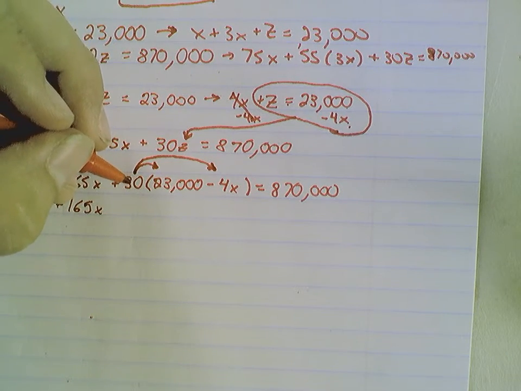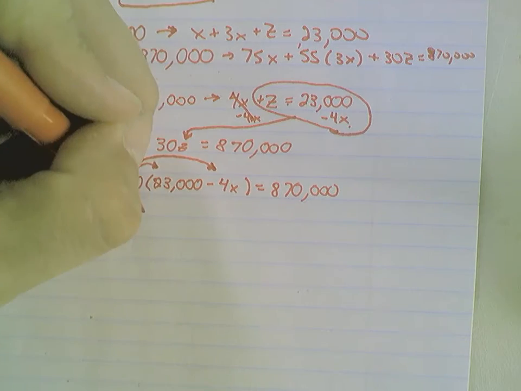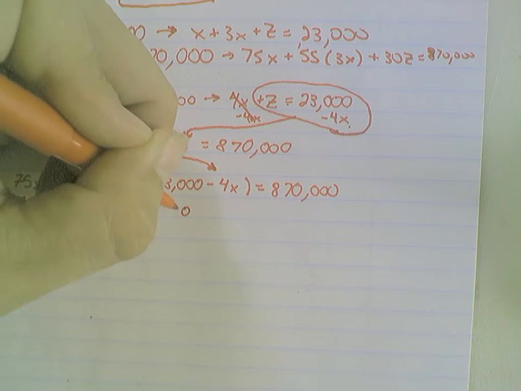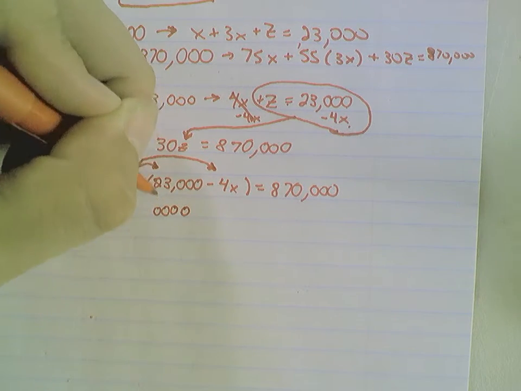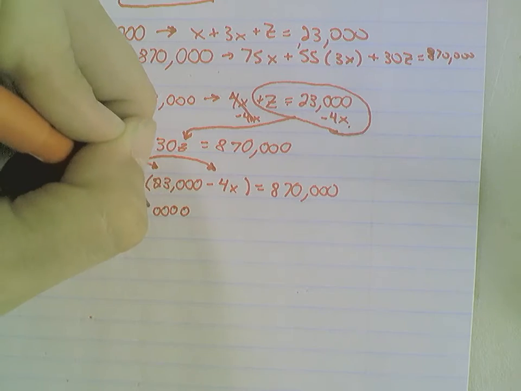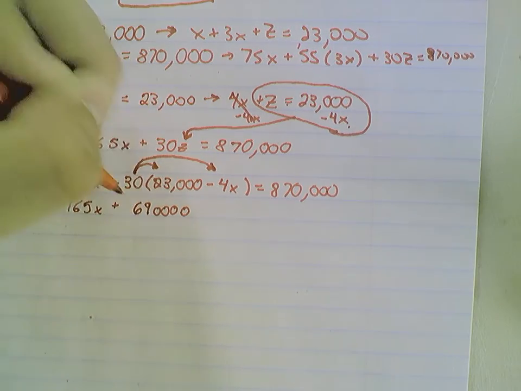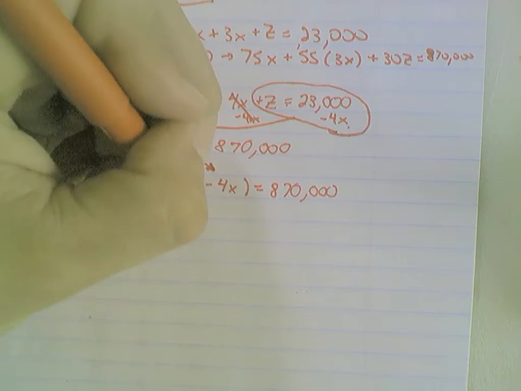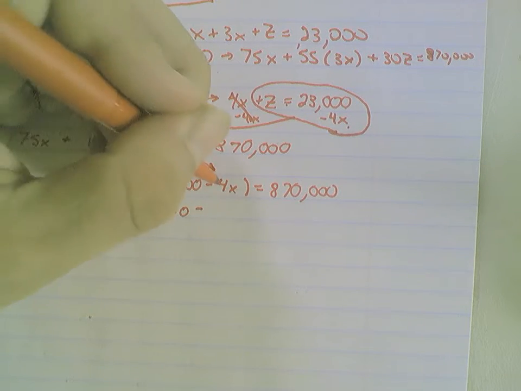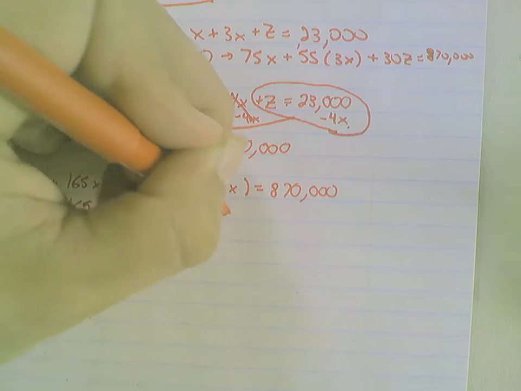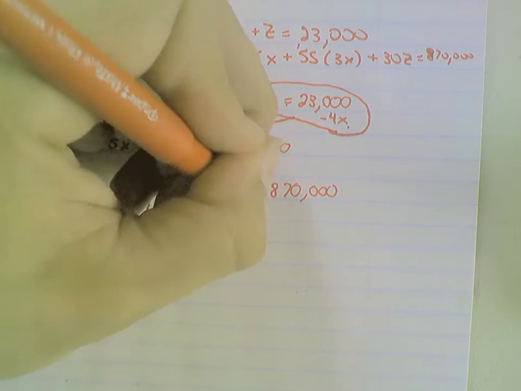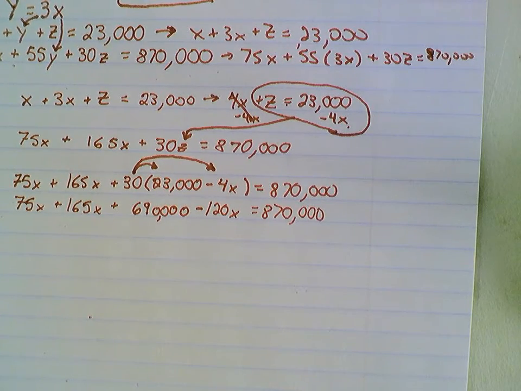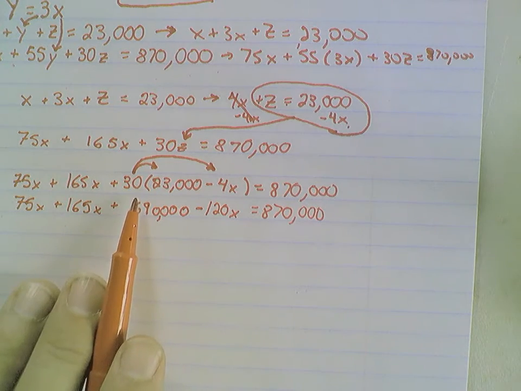So if I multiply this out, well, that's going to give me 690,000 minus 30 times 4 is 120x. And then that has to equal 870,000. Okay. So all I've done so far is distributed the 30.